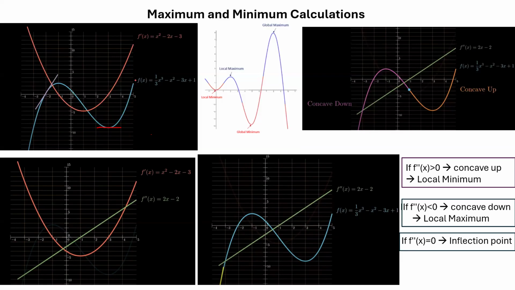To prove that, I have taken a specific point where you get a horizontal line. At this point, you know the slope is 0. So if you look at this, the slope is 0.